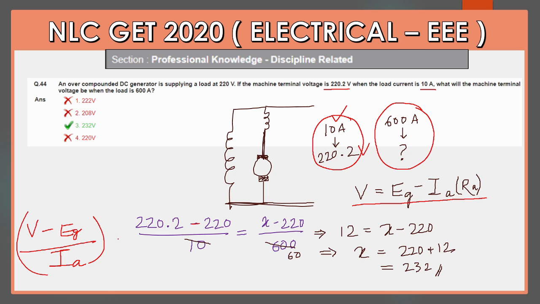This is the expression. So (220.2 minus 220) divided by 10 equal to (x minus 220) by 600. If you solve this, you will get x equal to 232. So the third option is right.